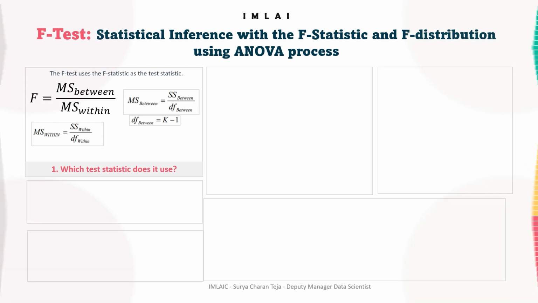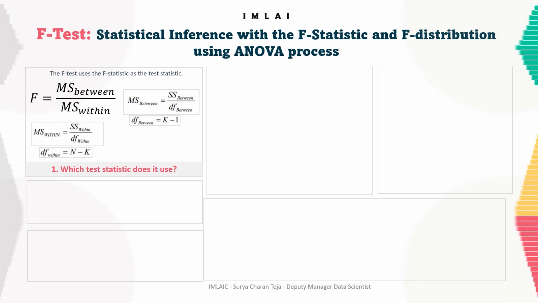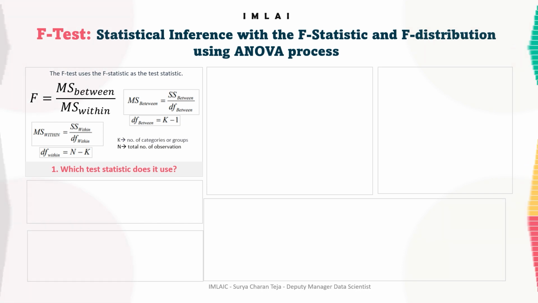If a variable consists of 10 categories, each category has its own variance inside, and that is what we mean by degrees of freedom within. So df within is equal to n minus k, where k is the number of categories or groups, and n is the total number of observations. So that's the test statistic we're going to use.